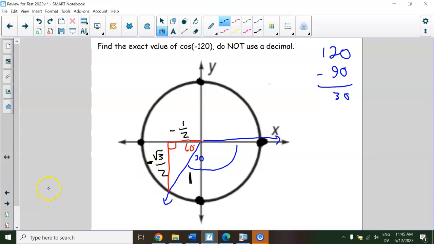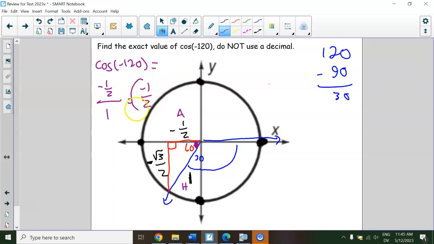Okay, so now we've got to do cos. Our reference angle, again, is this angle in the middle here, the angle right here in the triangle. Cos is adjacent over hypotenuse. So the cos of negative 120 is just adjacent, which is negative 1/2, over hypotenuse, which is 1.